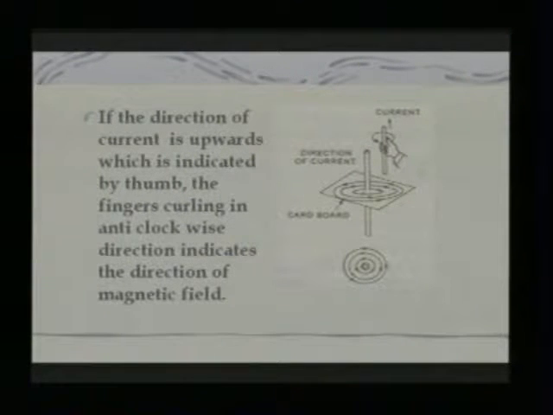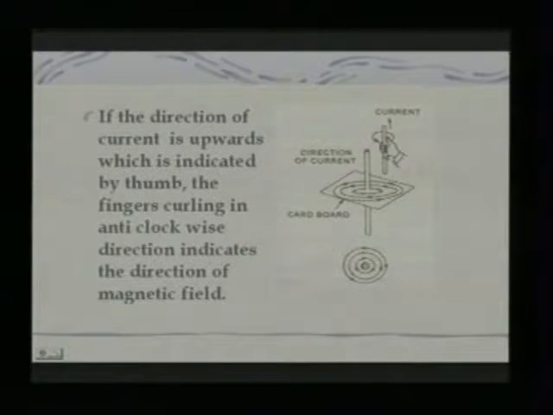Now we consider the first case of right hand thumb rule. If the direction of current is upwards, which is indicated by thumb, the fingers curling in anti-clockwise direction indicates the direction of magnetic field.